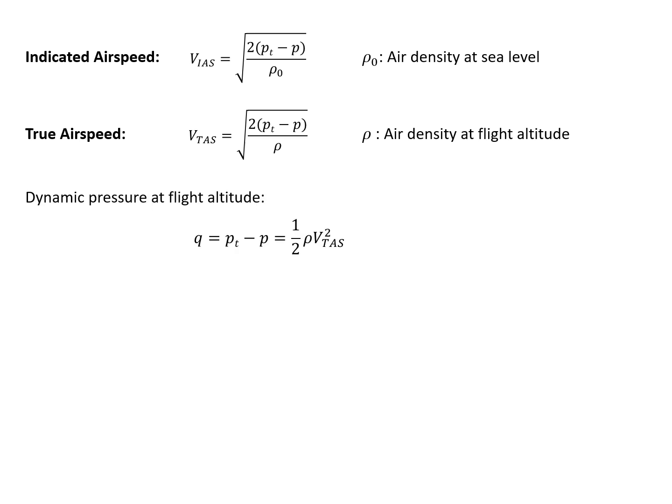Okay, so now let's explore something new. The dynamic pressure equals half rho V_TAS square, true airspeed square. And now let's define the equivalent airspeed. On the right hand side, it's half rho zero, that's sea level density, and then we have V_EAS squared, that's equivalent airspeed.